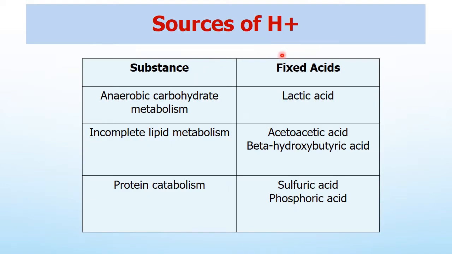So sources of fixed acids in our body are: by anaerobic carbohydrate metabolism we get lactic acid, by incomplete lipid metabolism we get acetoacetic acid and beta hydroxybutyric acid, and by protein catabolism we get sulfuric acid and phosphoric acid.